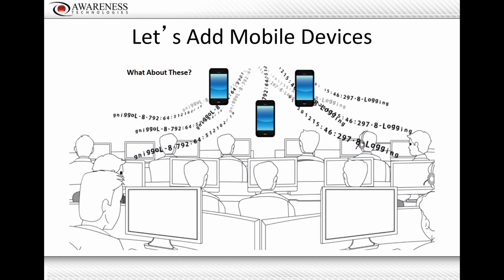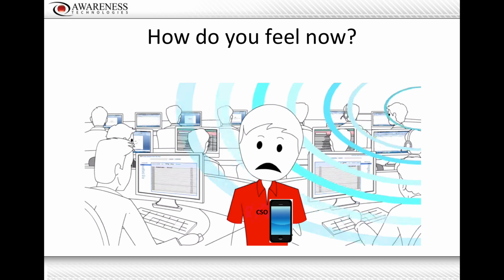And then all of a sudden, everybody starts walking in with their mobile devices, and they want to add the ability to access their email or their VPN or whatever it might be onto these devices. So all of a sudden, you add these mobile devices, and they're completely outside of the security infrastructure that the CSO has already put into place. So now your happy CSO goes to being a sad CSO because there's no security put in place for those mobile devices.